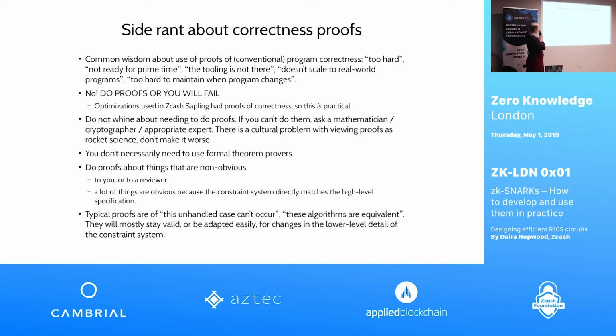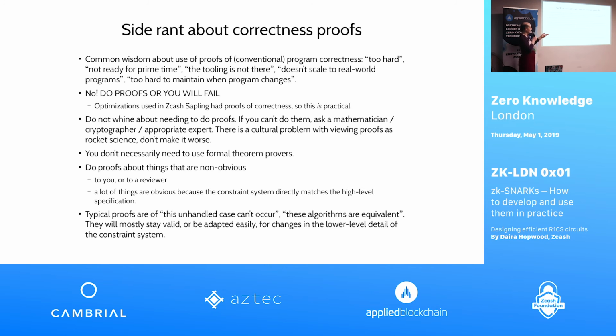So if you're doing these optimizations, you will need to make proofs. If you look in the Zcash protocol spec in Appendix A, it doesn't just hand wave saying this is a way of optimizing this. It will give a theorem saying that this optimization is equivalent to the original.